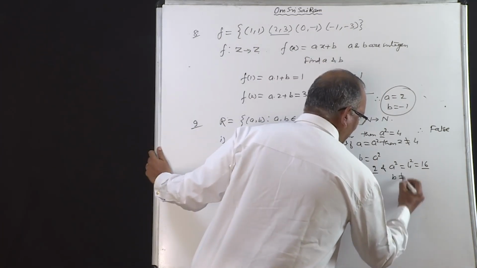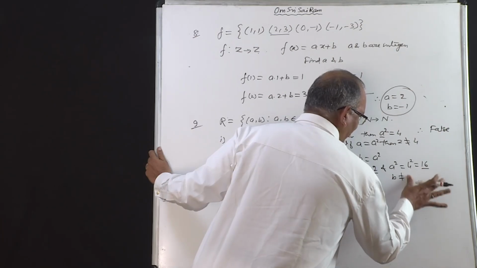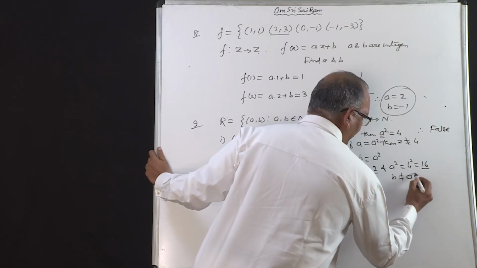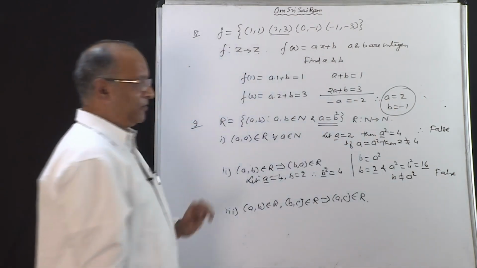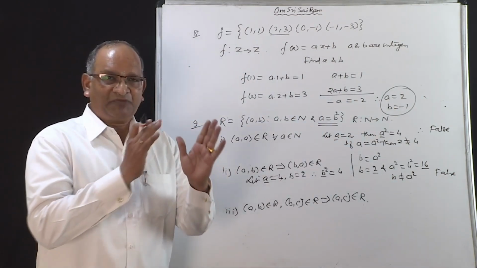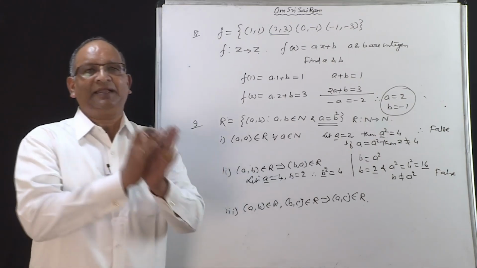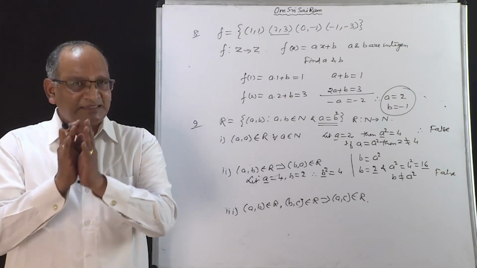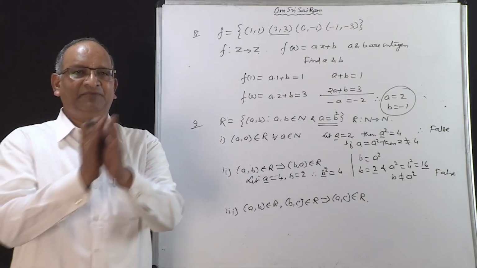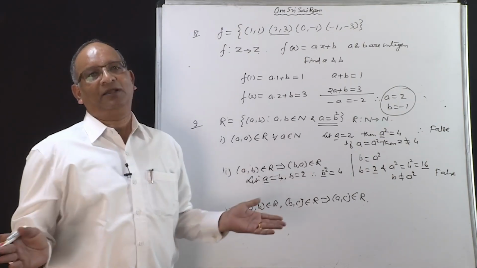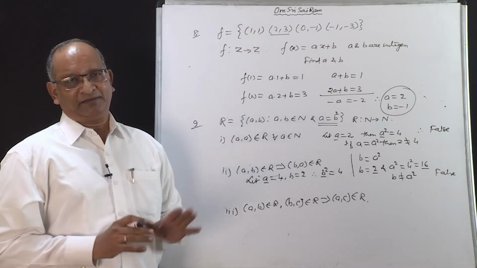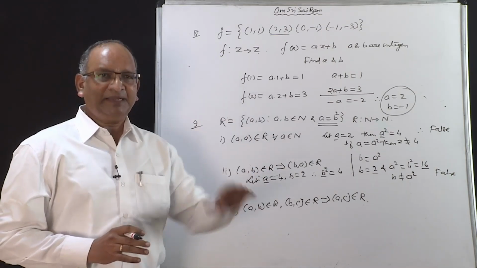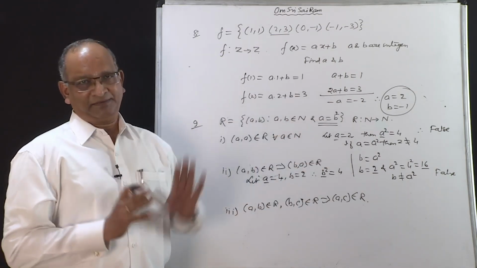B is not equal to A square. So this is also false. With whatever relation A is related to B, B is not related with the same relation to A. So we are going to say that it is not symmetric, because AB does not imply BA.